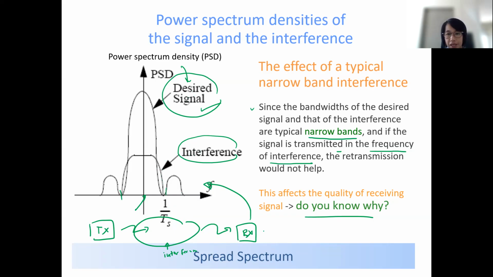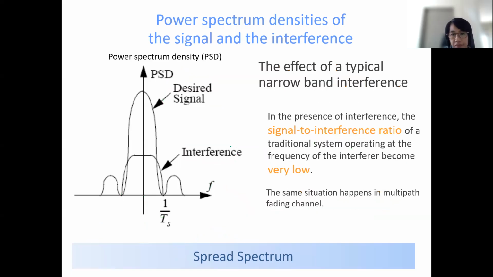It is mentioned here that this received signal has low quality. Do you know why? This is the reason: because the signal to interference ratio of the traditional system operating at the frequency of the interference becomes very low.